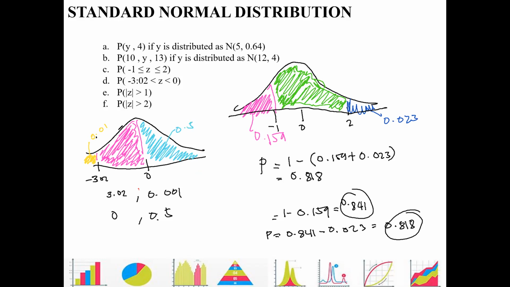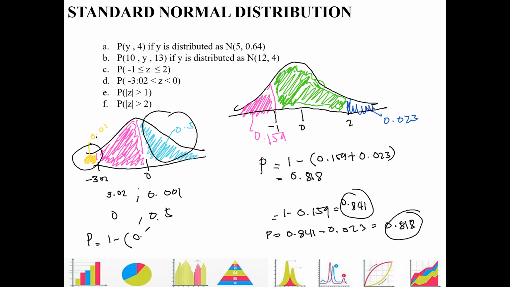So, how do we get this, yung area na to? That is greater than 3.02 negative but less than 0. Paano naman natin siya makukuha? Ganun uli, 1 minus the sum of this portion and this portion.